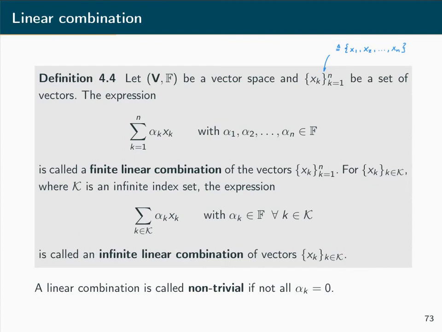Here, for example, the infinite index set that we have denoted with a k could stand for the set of natural numbers, and then this set here would be the same as having a sequence of vectors x1, x2, x3, and so on.